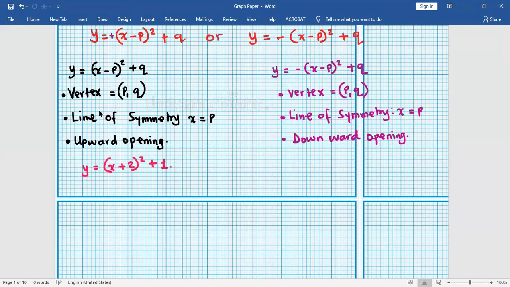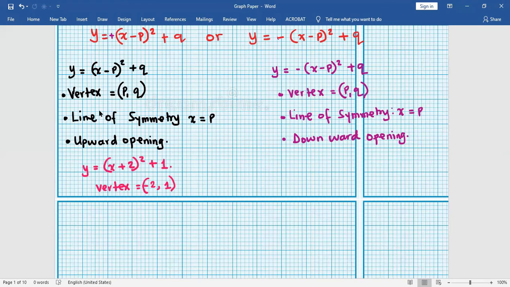In this kind of a function, the vertex will be, now this is plus 2, but here we have minus p. So if it is plus, you give the opposite sign. So for plus, you say minus. So it will be (minus 2, 1). Because you see here p is minus. So here, if we have it as plus, we make it minus. So this will be the vertex.